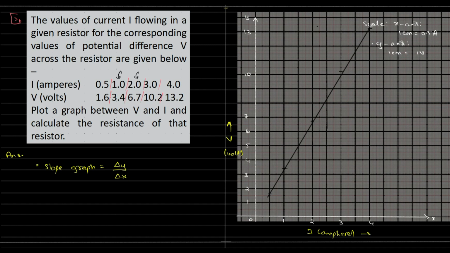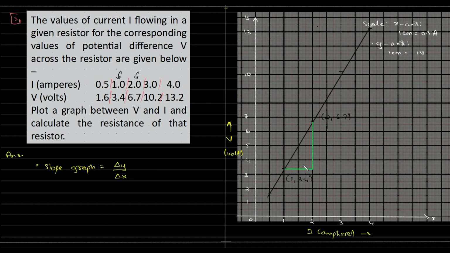Okay, so these are the 2 points and their coordinates are 1, 3.4 and 2, 6.7. So basically in this triangle, we have to find the rate at which this slope is moving. So this is your tan, is it not?